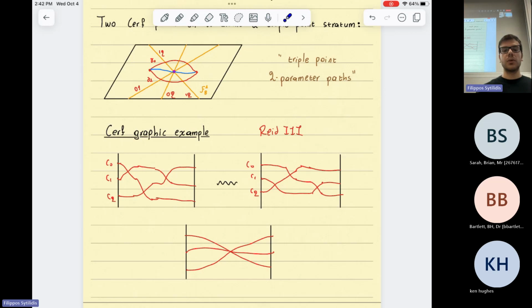So when you have a stratified space, F0 was the codimension 0 stratified part of it, F1 was the codimension 1 stratified part of it, and F2 was, and will be, the codimension 2 stratified part of it. You can think of that in two ways.